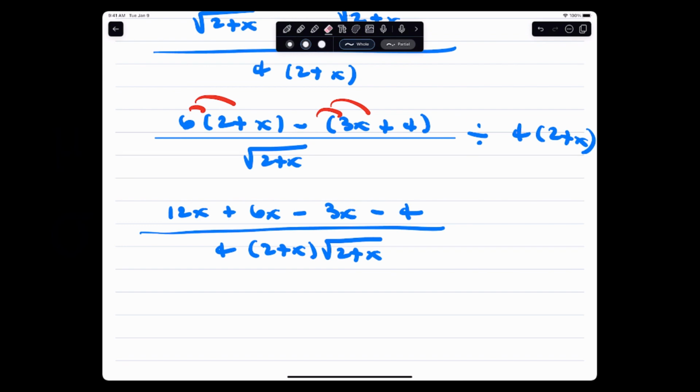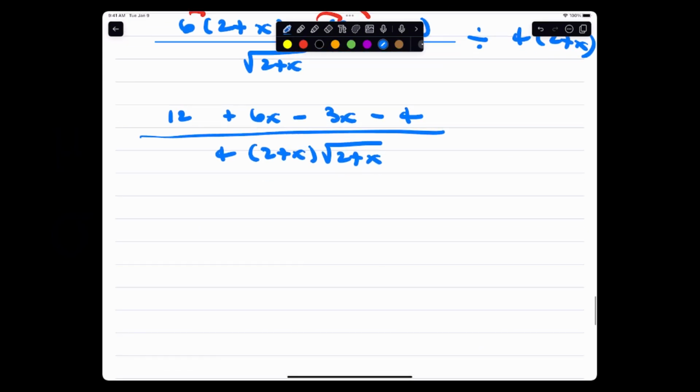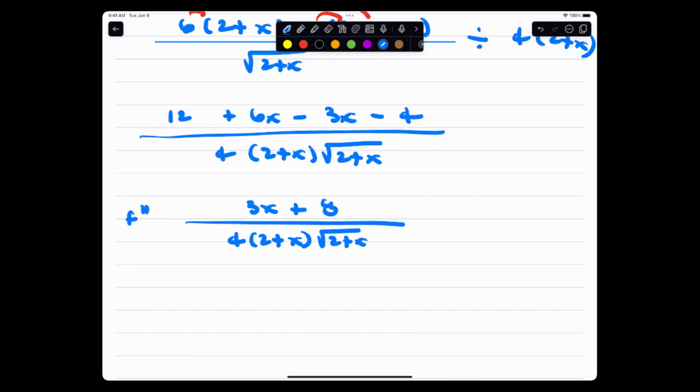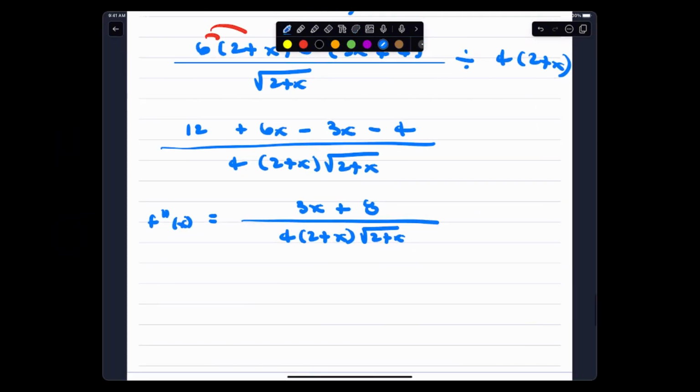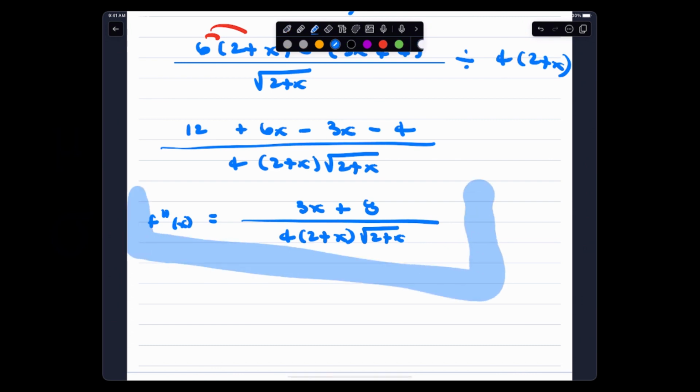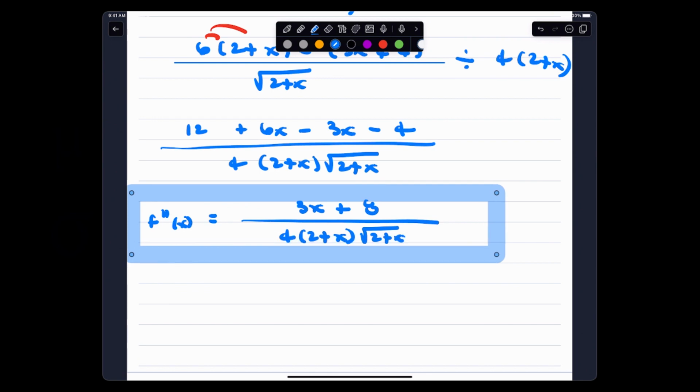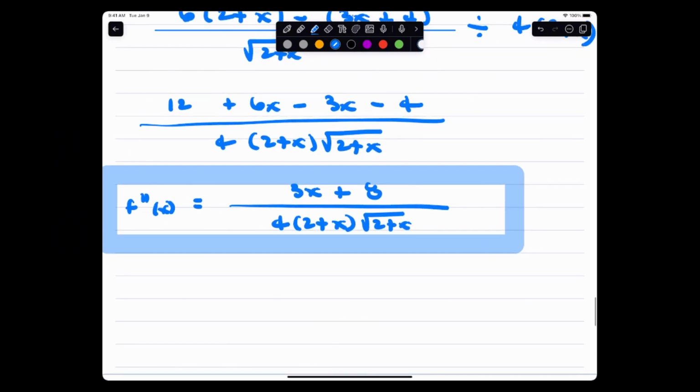And that's 12, that's not 12x. Is it 3x plus 8 over 4 times 2 plus x times square root of 2 plus x? Okay, second derivative. So what do we do with all this again?